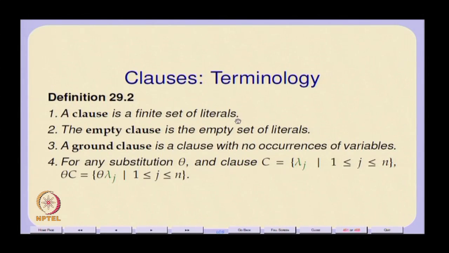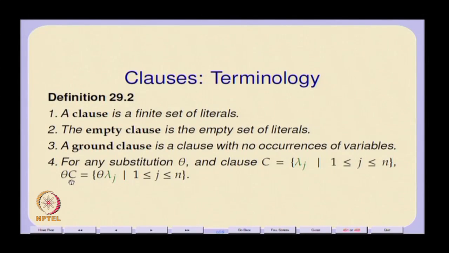So, a clause is a finite set of literals, the empty clause is the empty set of literals. The empty clause essentially represents false, right. A ground clause is a clause with no occurrences of variables. You can take any substitution theta and a clause C. Each literal in the clause might have free variables, and you can apply the substitution theta to the free variables.